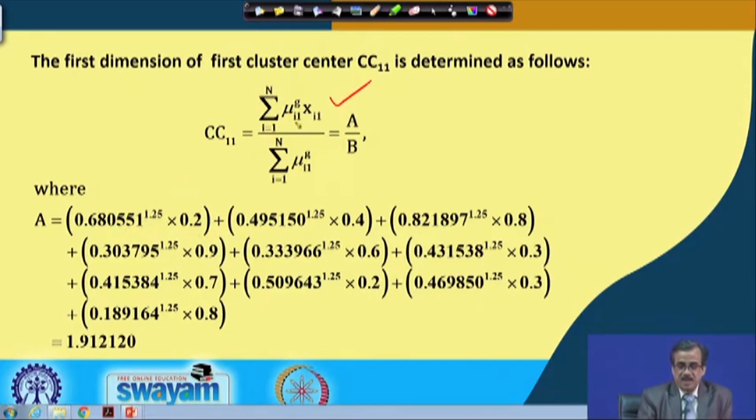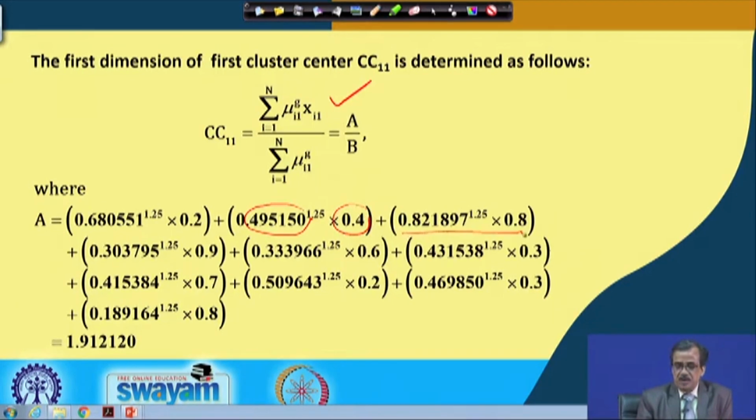The next is i equals to 2, that means mu 21 raised to the power g, the membership value of the second data point with respect to the first cluster center, multiplied by x21. What does it mean? It means the second data point, first dimension, and that is 0.4.